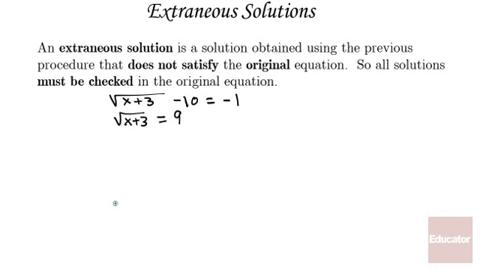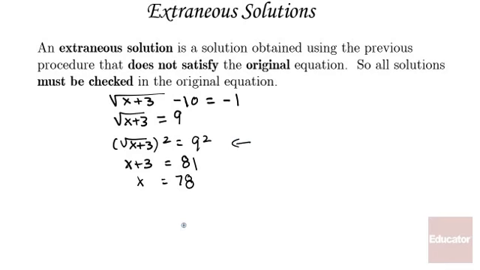Squaring both sides can actually create extra or extraneous solutions. So this doesn't always happen, but it can happen, and it's because of this step right here. Because of that, you need to check all solutions in the original equation.